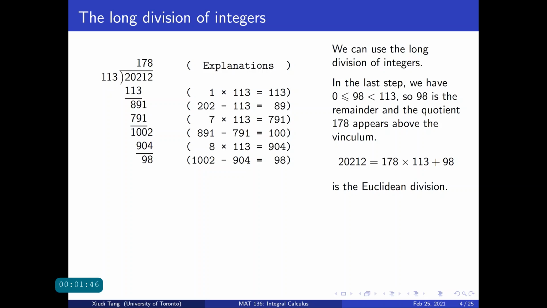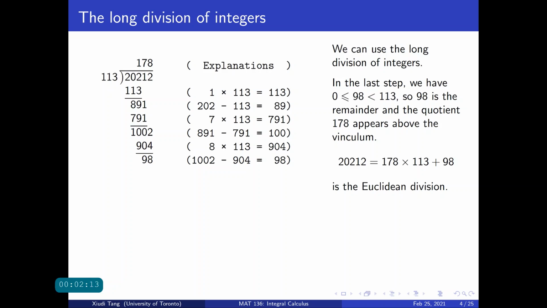And the algorithm is that we will subtract from the dividend the multiples of the divisor 113, and then we stack the quotient's coefficients on top of the dividend.